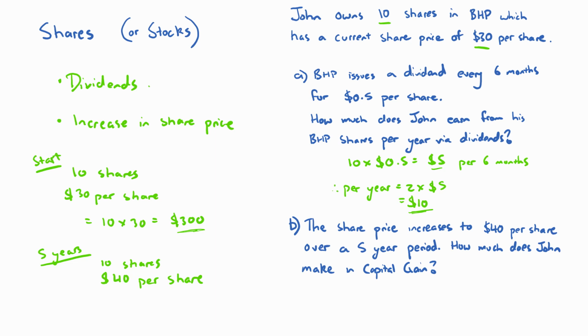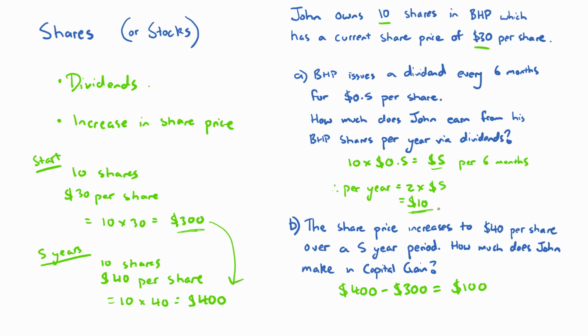So the value of the shares that John owns will be 10 multiplied by 40 this time, will equal 400. So how much does John make as a capital gain? Well, it went from 300 to 400, so the difference will be the capital gain. It'll be 400 subtract 300, because that's how much it's increased. So he makes as a capital gain $100.